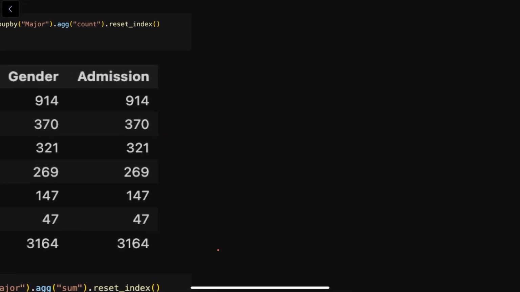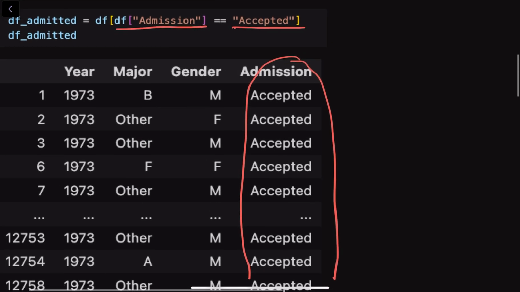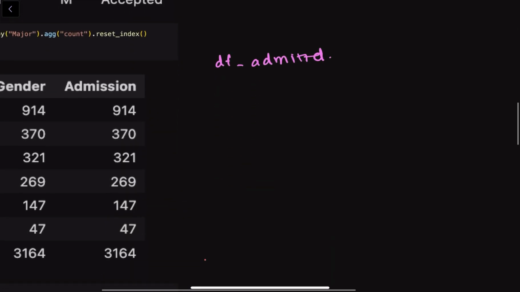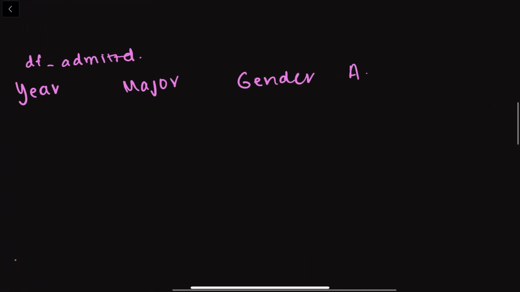So we have our data frame, DF admitted. And let's take a little sample in order to explain exactly what is going on. So we have year, major, gender, and admission.